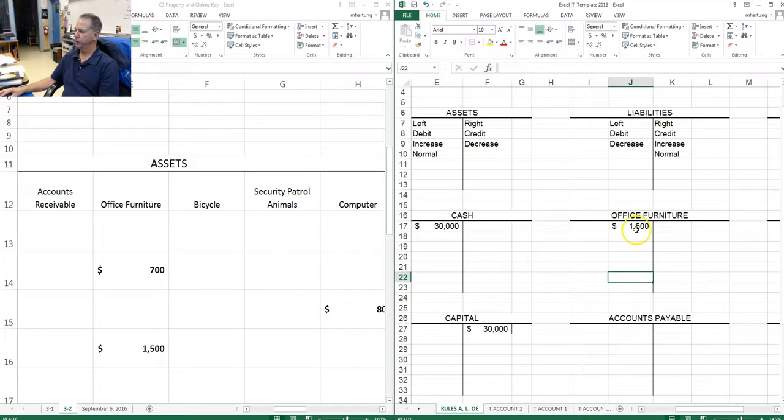So we've increased it, we debited the account, and now we need a credit. Accounts payable is a liability account. In order to increase a liability account, we have to credit the account. And so there we are. A debit to office furniture and a credit to accounts payable.